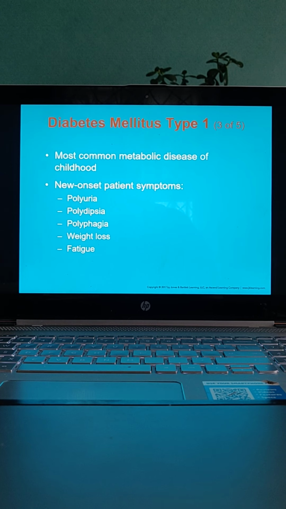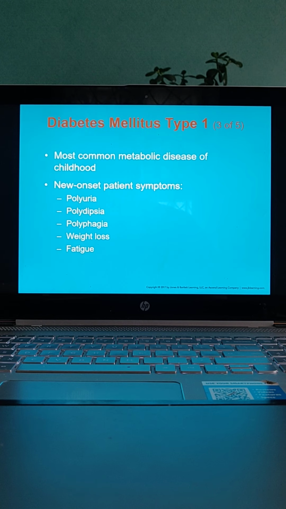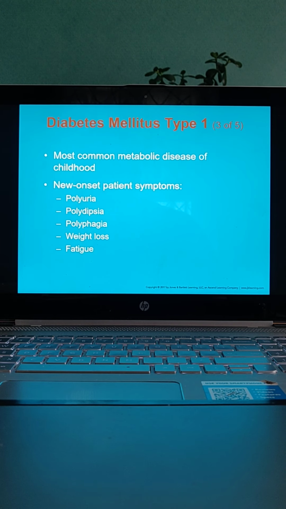As a backup, the kidneys can only divert so much of that extra glucose in your body into your urine to help get rid of it, and they can't do it all. So as a backup system to help the kidneys out, the body's going to start burning fat for energy.